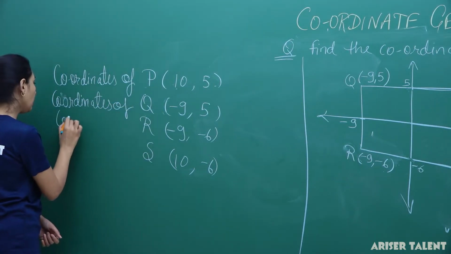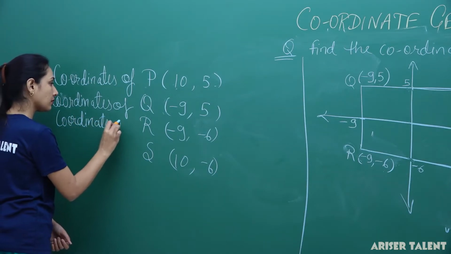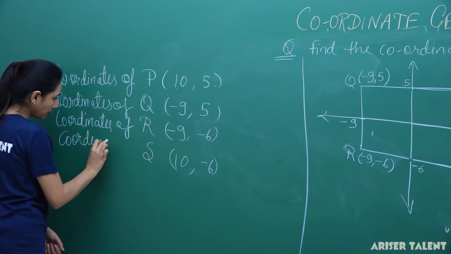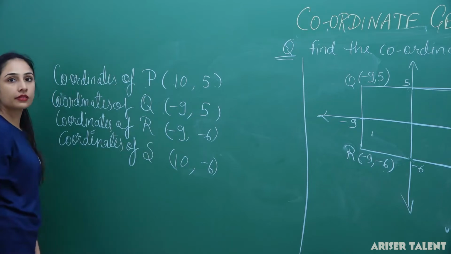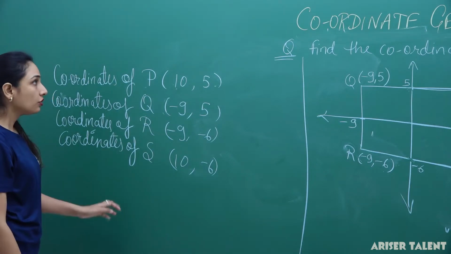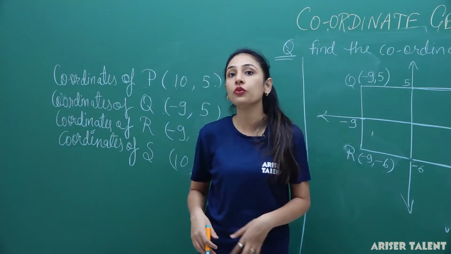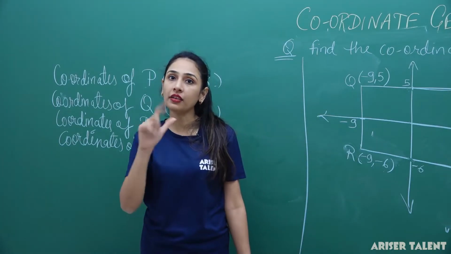Again coordinates of R. Here coordinates of S. Right. So this is the one thing when you've given me the diagram and you have to write the coordinates of given points.